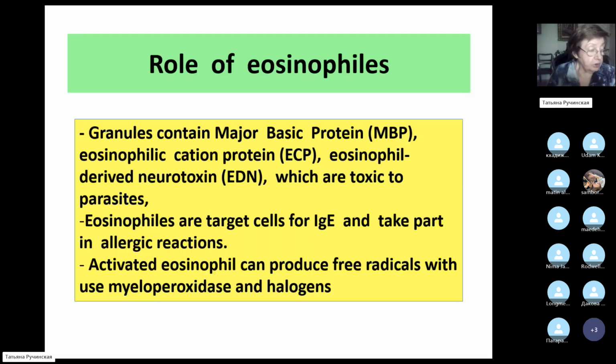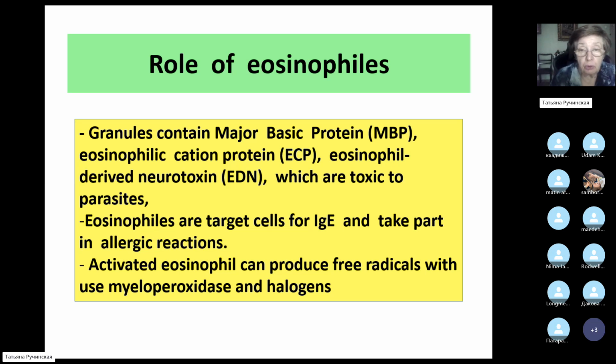And some words about the eosinophils. You see that you have a case which we will try to discuss in class, and you will receive it in colloquium and further on exam.